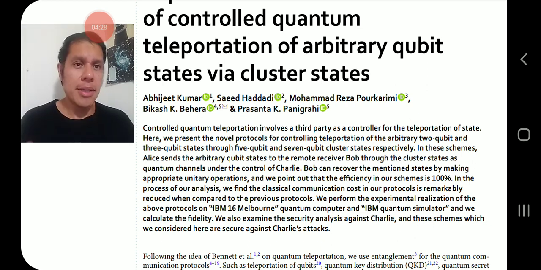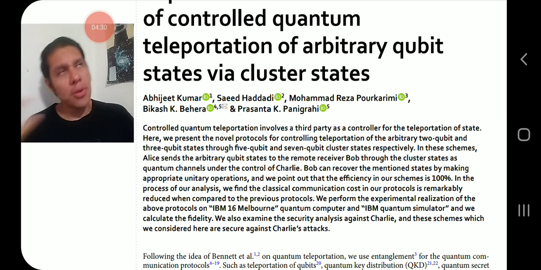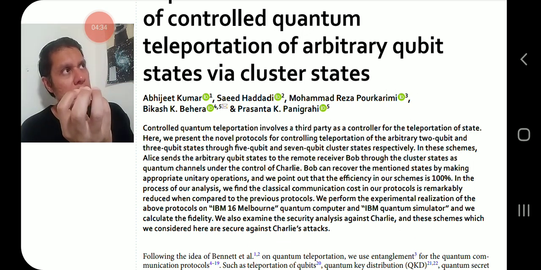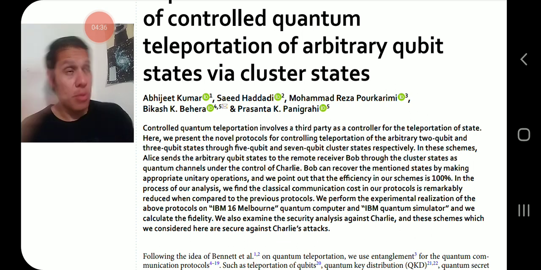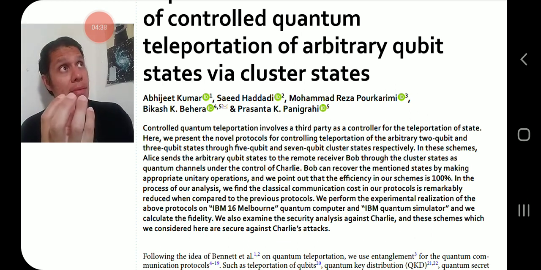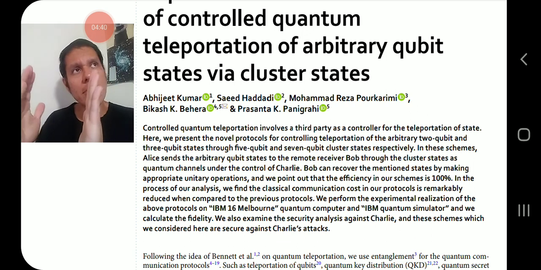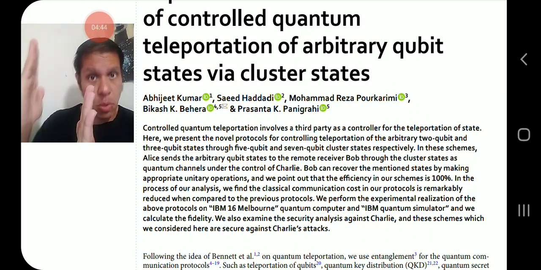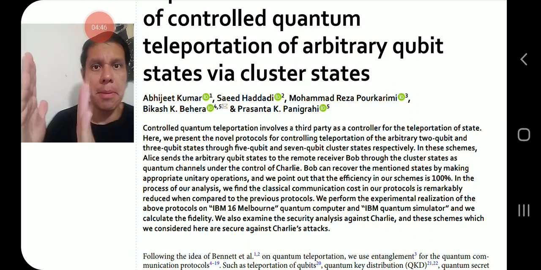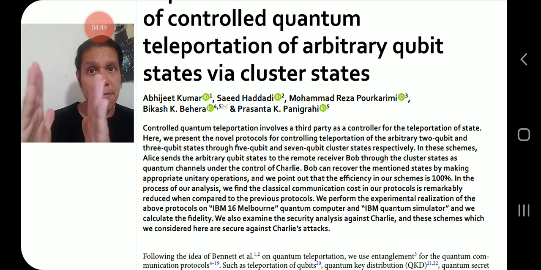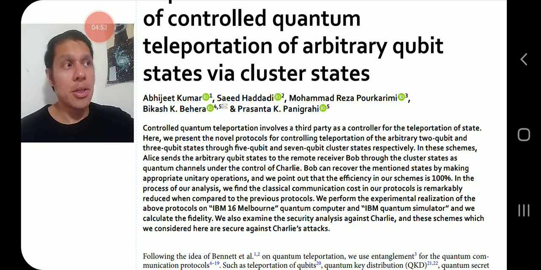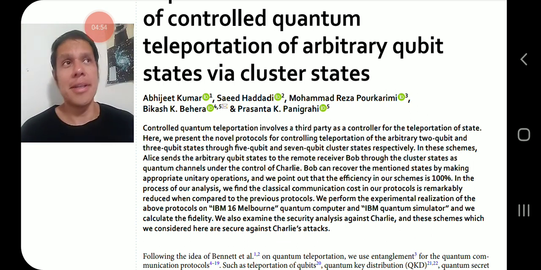And in the other teleportation schemes, once you establish a certain base between Alice, the one sending the message, and the medium state, that information has to be sent to Bob in order to break the information.